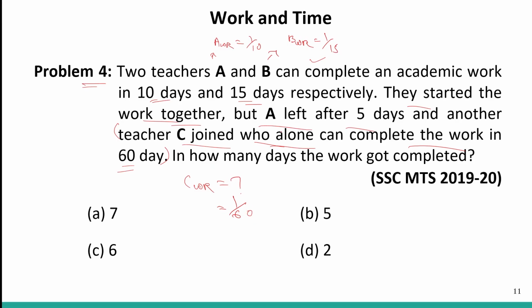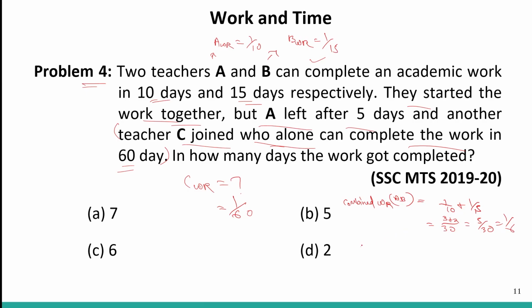Given that two teachers A and B first work together, we'll calculate the combined WR of A and B. That is equal to 1 by 10 plus 1 by 15, which is 3 plus 2 is equal to 5 by 30, which is 1 by 6, right? So they work for 5 days.